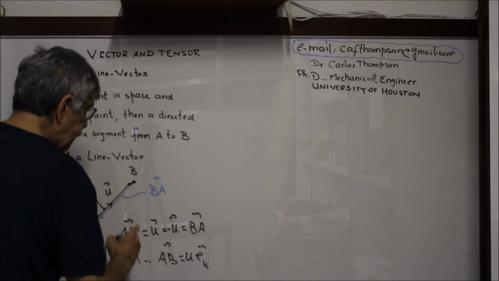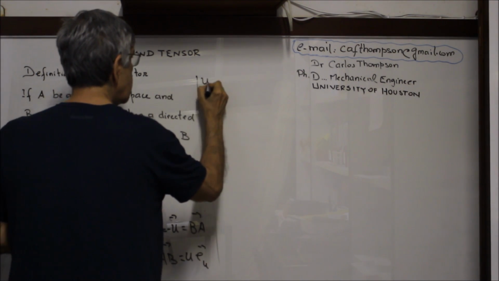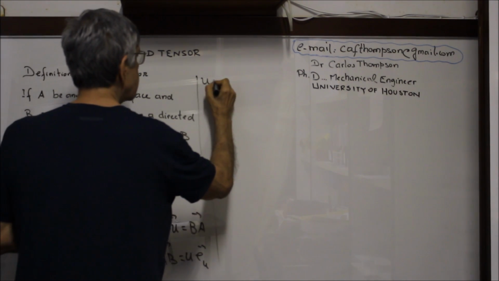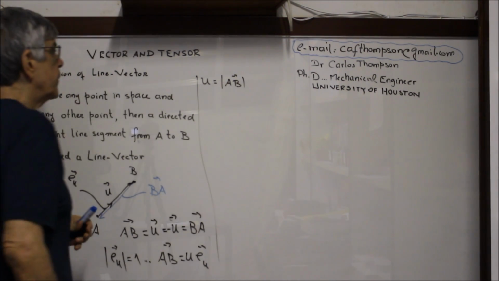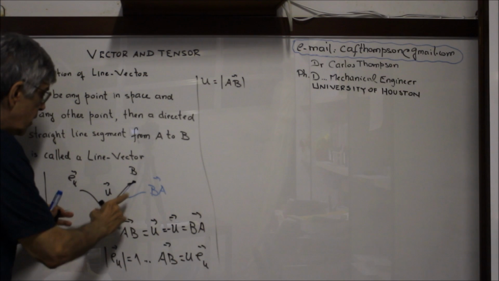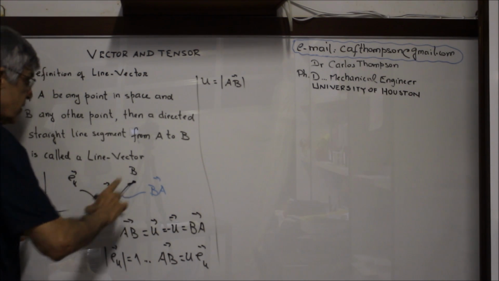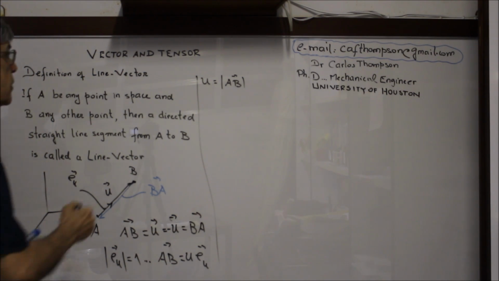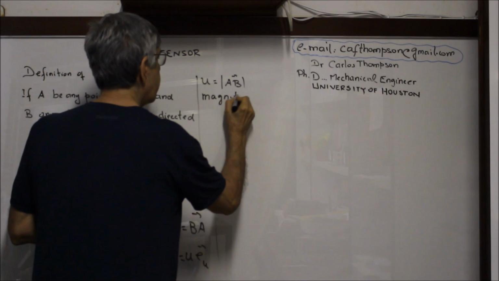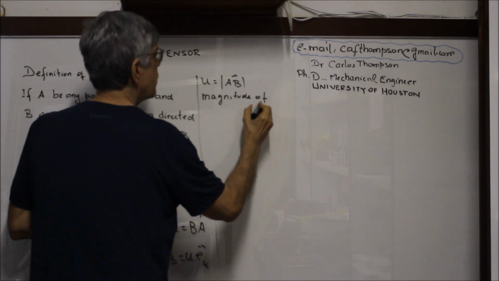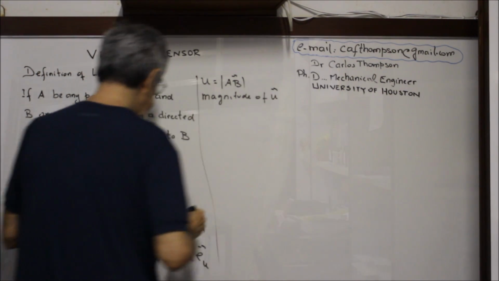Here U, with no arrow, is what we call the magnitude of AB, the size of this line segment. The size is called magnitude, the magnitude of the line vector U or AB.